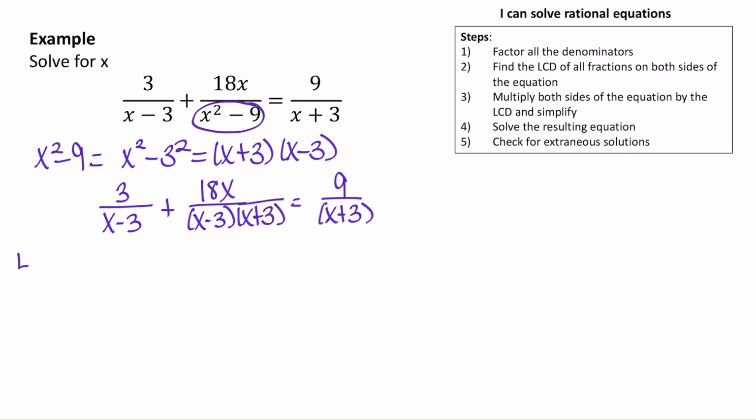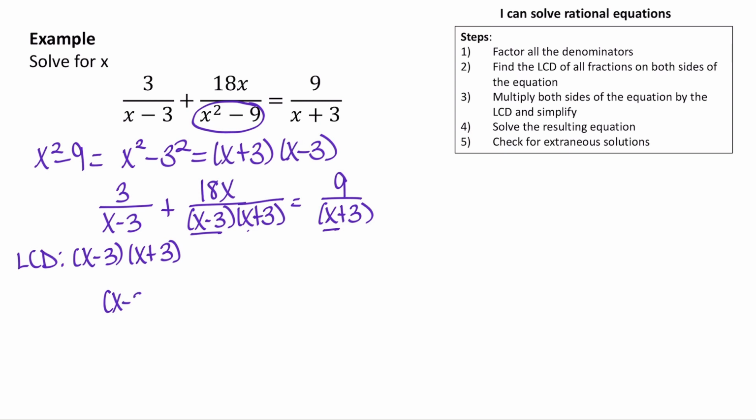And that equals 9 over x plus 3. So now if I find the LCD, okay, so for the first denominator, I have a factor of x minus 3. So x minus 3 I already wrote, so I'm going to pick up this factor of x plus 3 from the second denominator. And then over here, I have an x plus 3, but I already have that in my LCD. So now I'm going to go through and multiply every single term by this LCD.